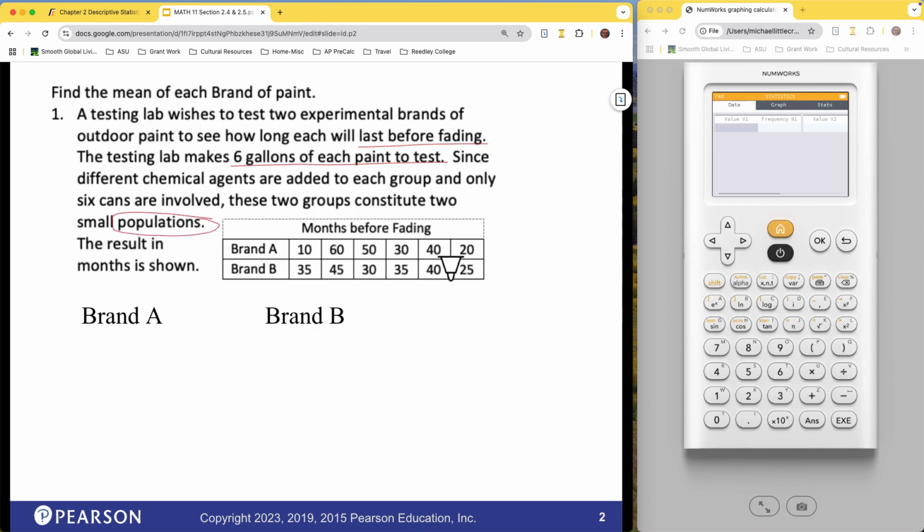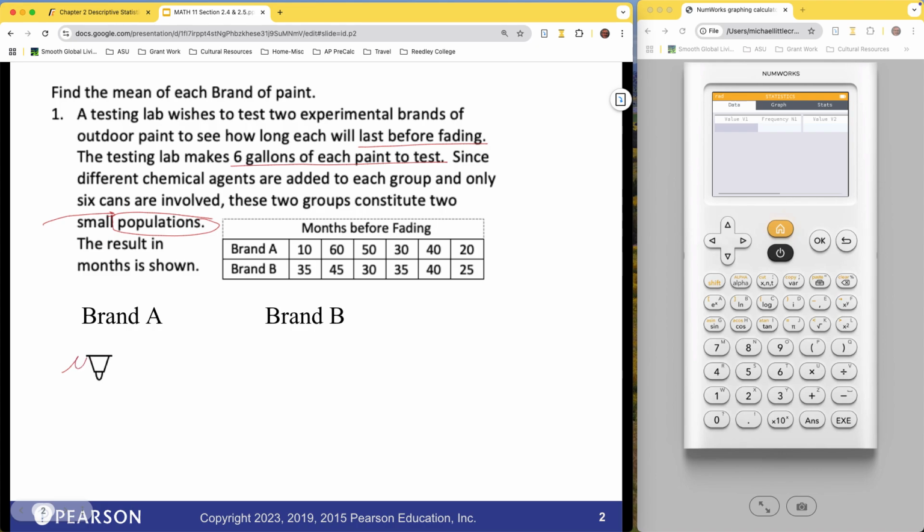It seems like we're sampling out of it, but they made this up special, so they're calling this a population. So in your questions, make sure you look for whether you're dealing with a sample or a population, because it will make a difference. What we want to do is see what's the average of these two different brands, and then what's the standard deviation.